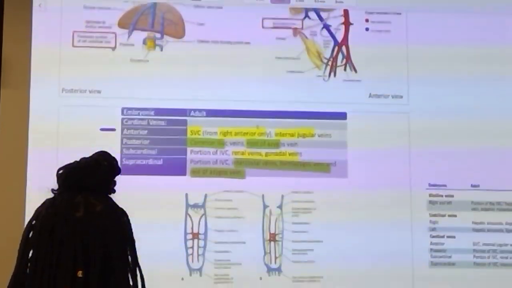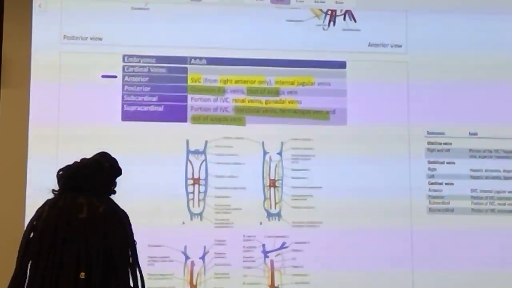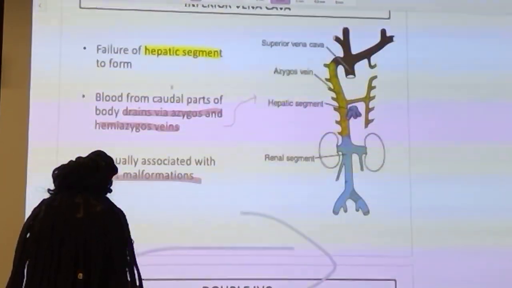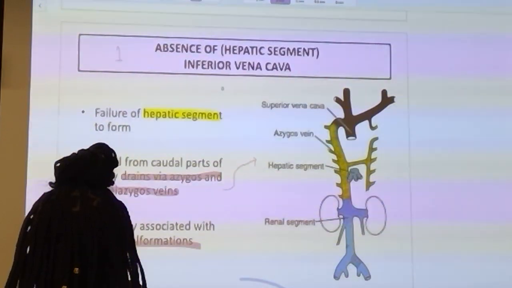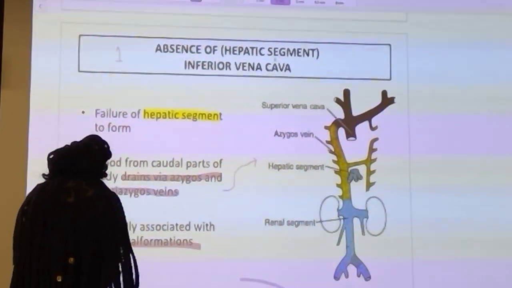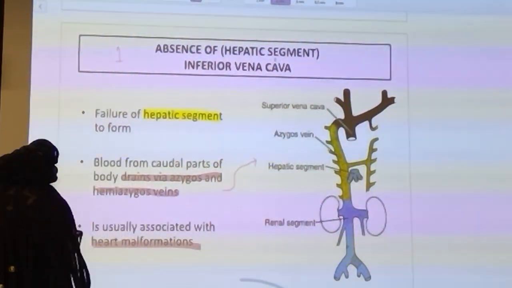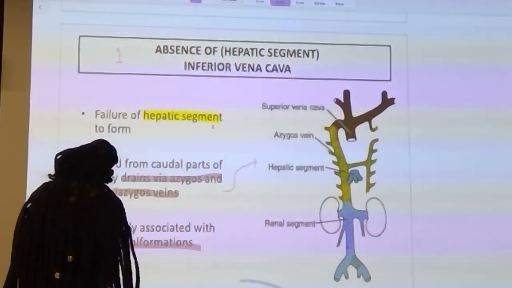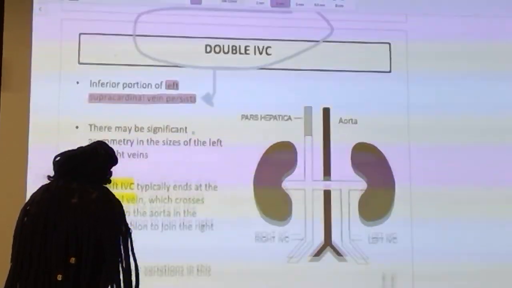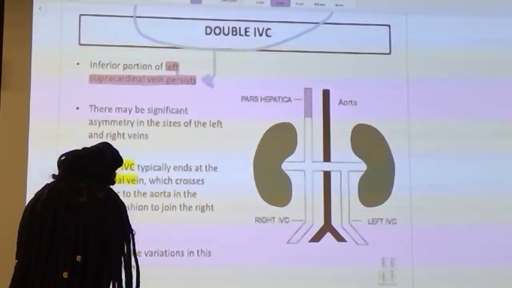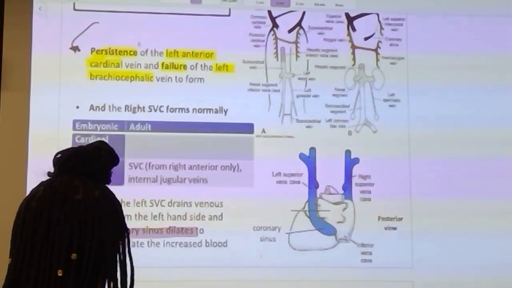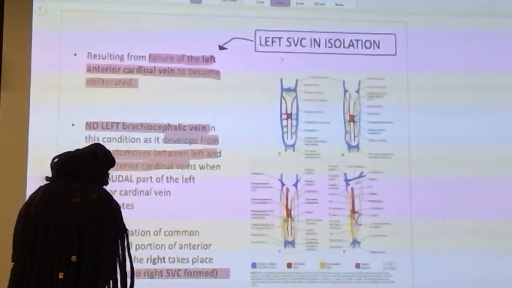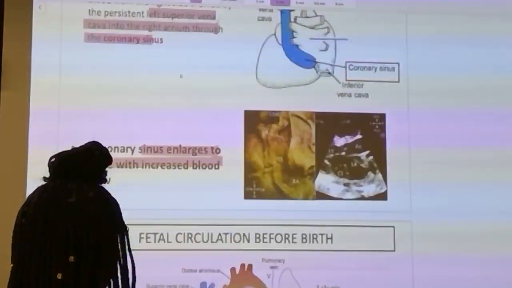And then for the pathological veins, just know what caused it. So with this one, when the person has no IVC, their hepatic segment doesn't form. The IVC, left supracardinal vein, the SVC, isolated left, yeah. Okay, yeah.